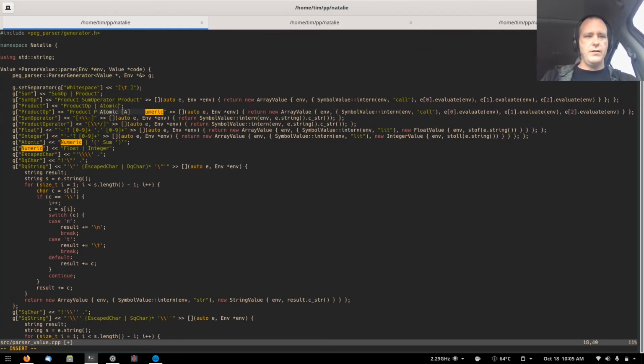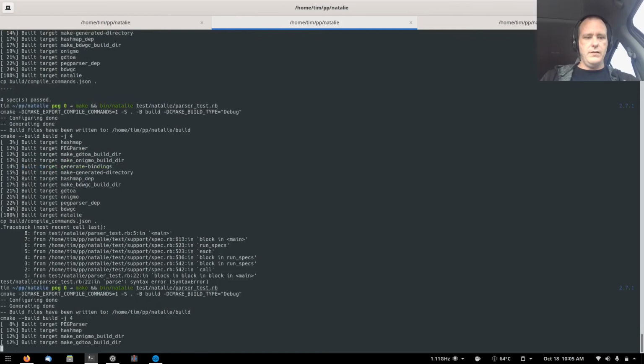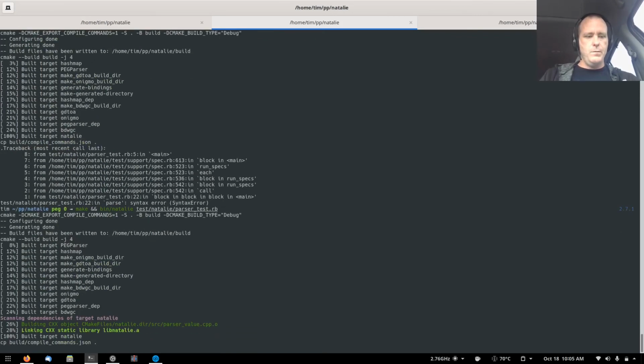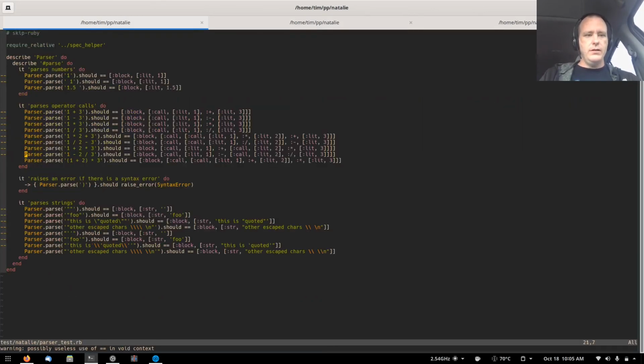And then we're going to say atomic, and see what happens. See if it parses. Yay. Well, cool. We now have some operator precedence here, at least for these 4.